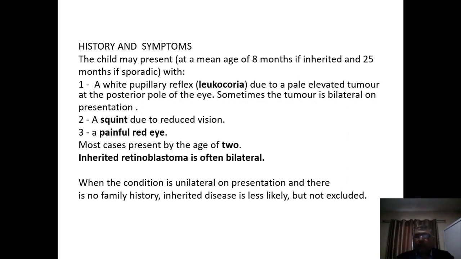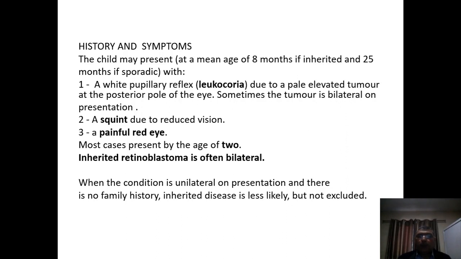The mother will notice this whitish discoloration of the pupil, which we call leukocoria, due to the presence of the tumor in the posterior segment of the globe. Squint is the second mode of presentation, due to reduced vision. A red painful eye occurs in advanced cases where the tumor is very big. Most cases present by the age of 2.